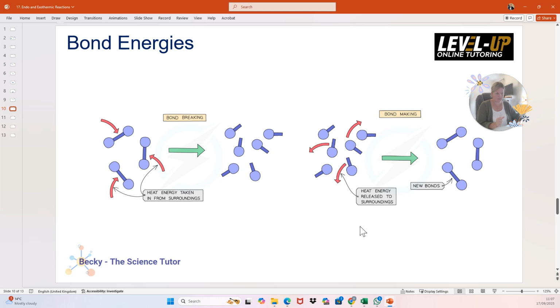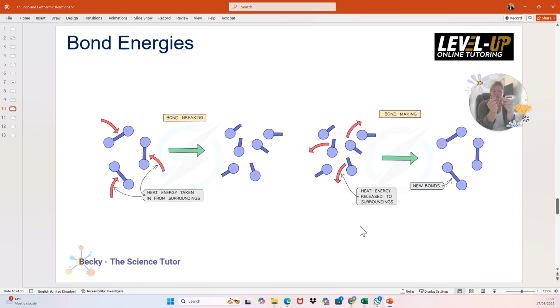Now I've got some little models here which just by chance is good, because I can show you these. So this is like a little model of oxygen, O2, so it's got some bonds within it. Now if I want to use those oxygen atoms in another product, if I want to change it, then what I need to do is break these bonds.